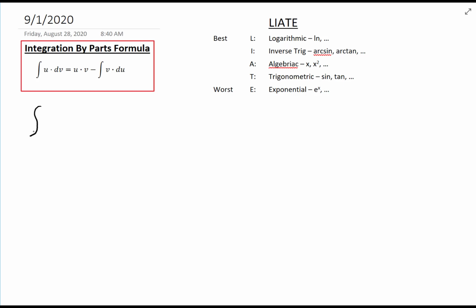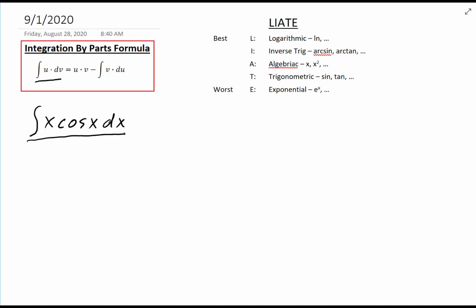Let's take a look at this integral: x times the cosine of x. And we'd like to get an antiderivative of that. In the integration by parts formula, you notice that this integral over here on the left matches our integral.